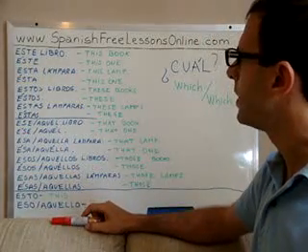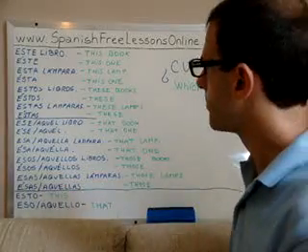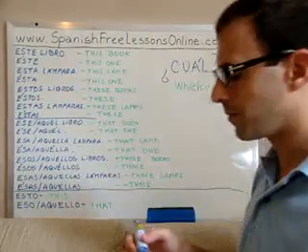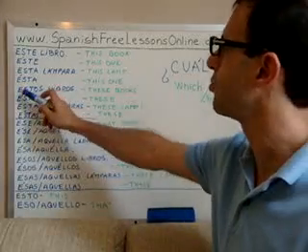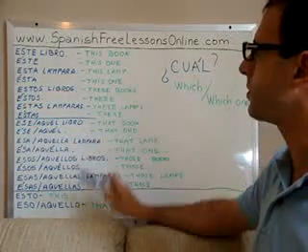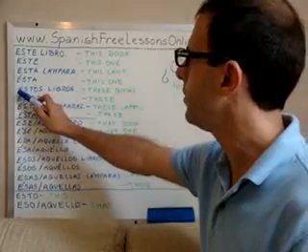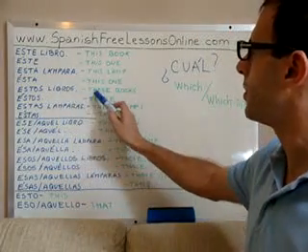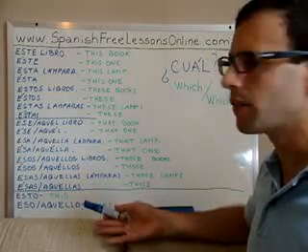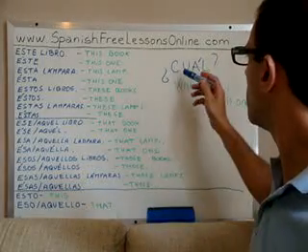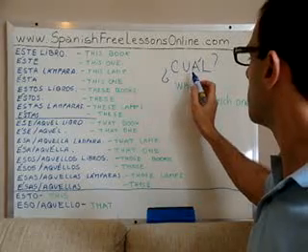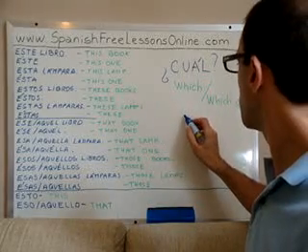Okay? Now in plural, masculine plural, we say estos. Estos means these, masculine. Estos libros, these books. ¿Cuáles? Right? ¿Cuál would be singular.